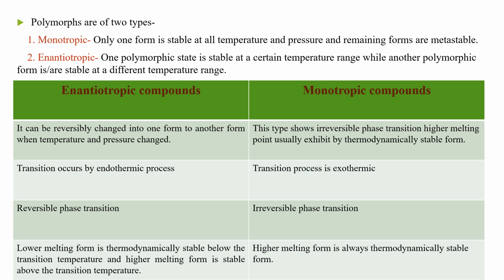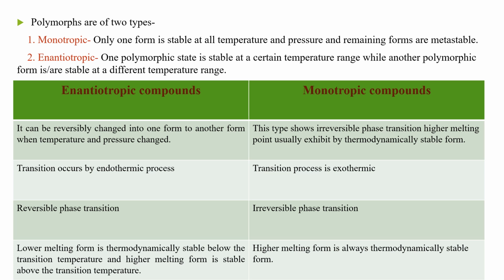Now let's discuss the detailed difference between the enantiotropic compounds and the monotropic compounds. Enantiotropic compounds can be reversibly changed from one form to another when temperature and pressure are changed. But monotropic compounds show irreversible phase transition.